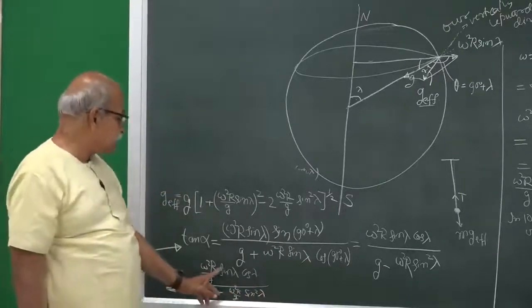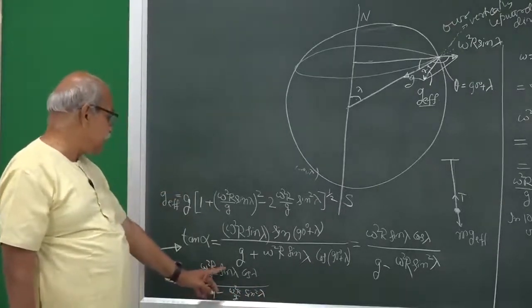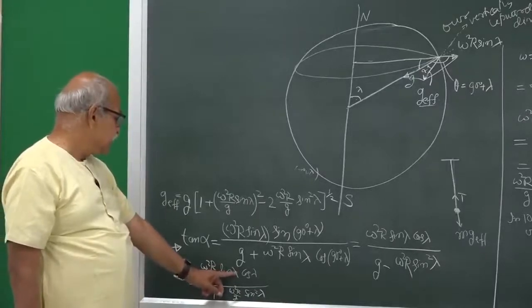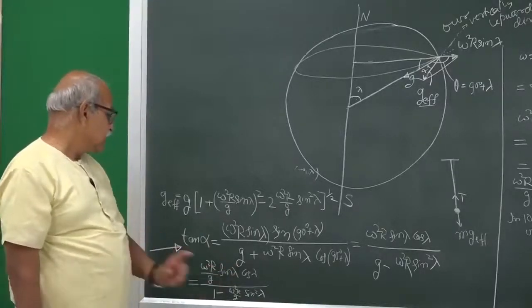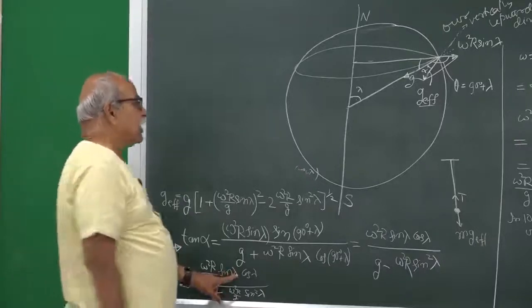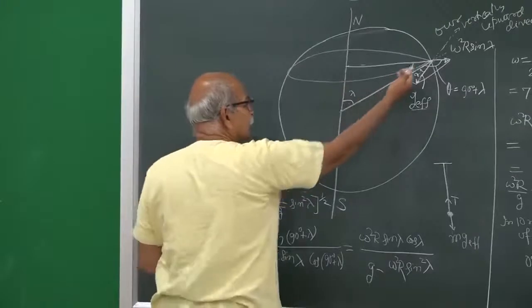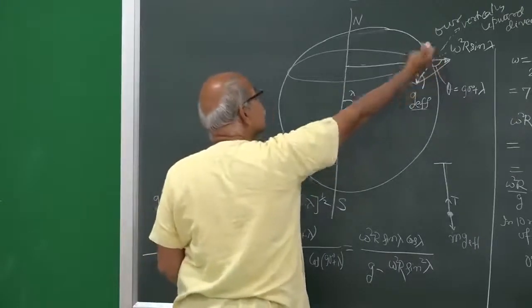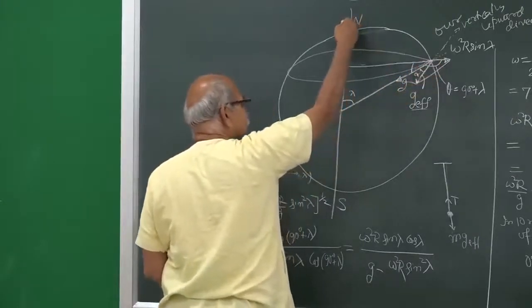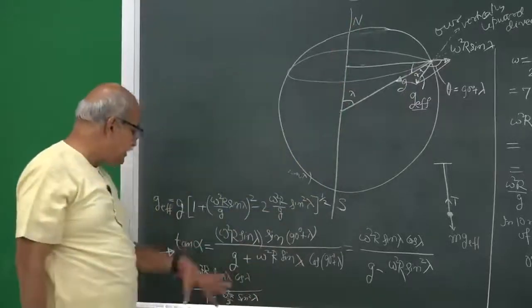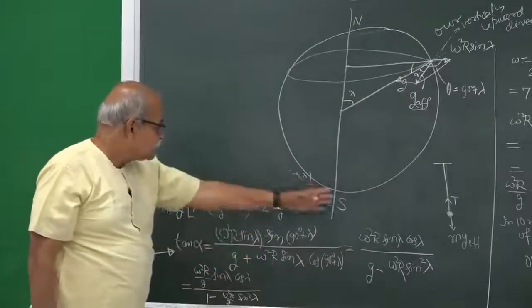Now, see what happens to this if I make lambda equal to 0. If I make lambda equal to 0 on the globe, where am I? I am at the north pole, or if this lambda is pi, I am on the south pole.